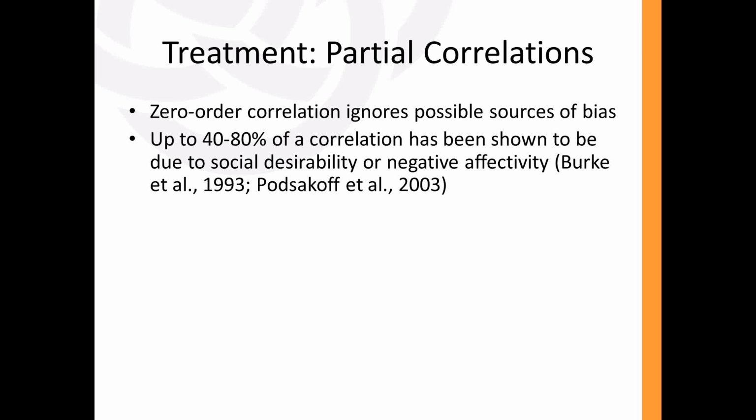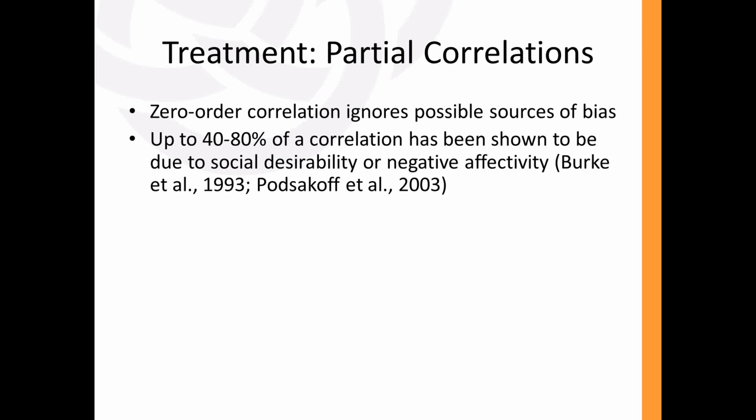Common method bias really is accounted for in the data collection phase. Typically we look for zero order correlations. That's where you say, okay, measure A and measure B are correlated at r equals 0.8, p is less than 0.05, great. Partial correlations take into account different types of information processing biases.